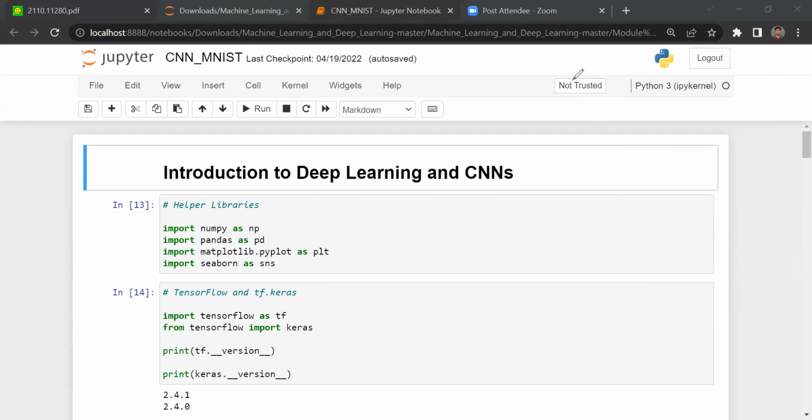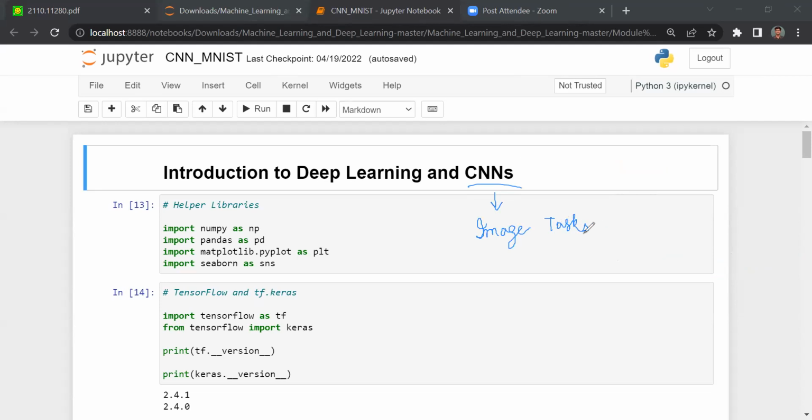Today our objective is to at least qualitatively appreciate the architecture of deep learning, and then specifically see CNNs, one specific kind of deep learning model, convolutional neural networks, which are used for tasks related to images.